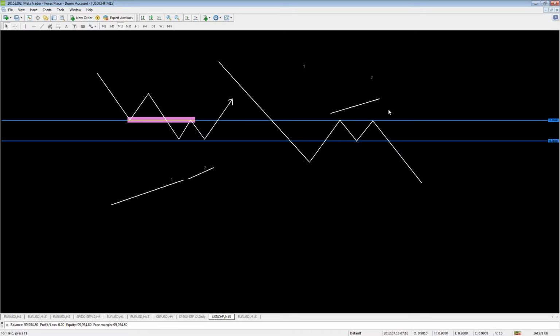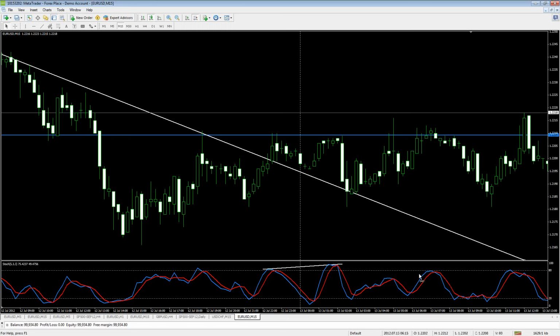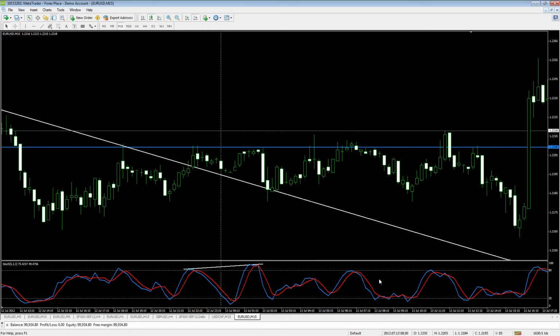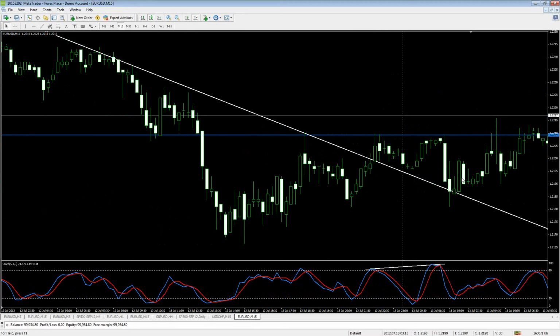When the oscillator shows us an overbought zone, it usually means that the price has reached some resistance before continuing the general trend, which is a downtrend in this case. You can see many times when the stochastic on this downtrend, or in this case it's moving sideways, reached the overbought zone, it kept going down. So we have in this case a double top with a divergence and again going down.